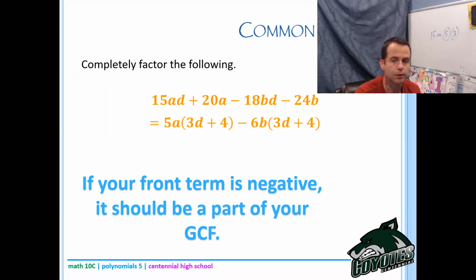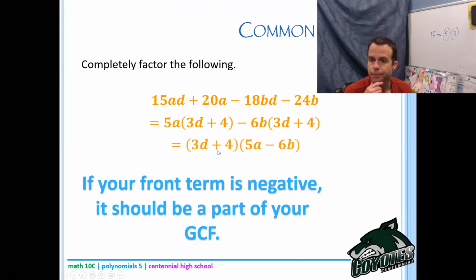I pulled out the negative 6b and I was left with 3d plus 4. I now see that the 3d plus 4 is common to both terms. So I pull that common factor out and I'd be left with 5a minus 6b. So my answer here is 3d plus 4 times 5a minus 6b.